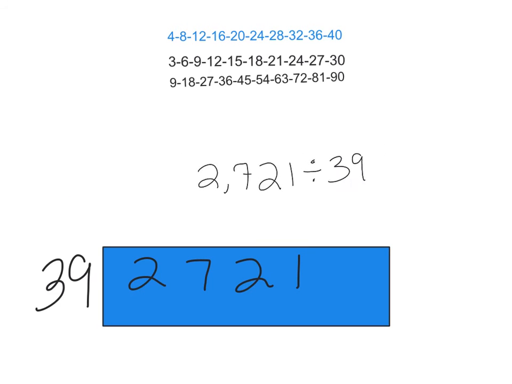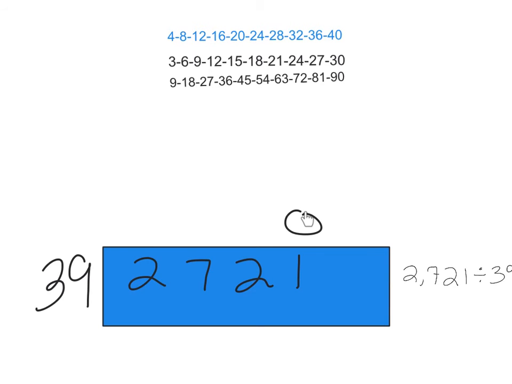Before I do that, I'm going to shrink this so I've got a little more room, put it over here. Then I can add my 0 here. 0 times 39 will give me a 0 right here, and that will hold that place value for me. So now I'm going to be thinking of this 39 as 40, and I'm going to estimate with the 4's here, right?